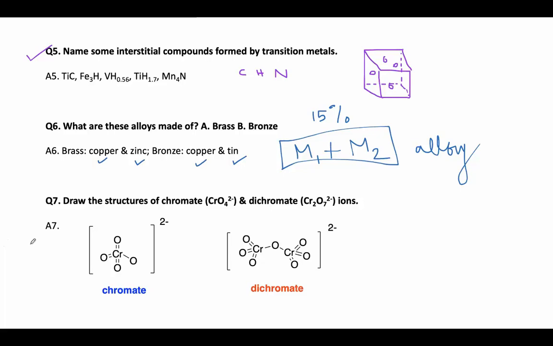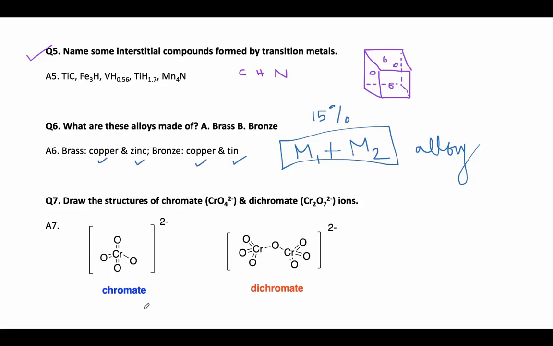Chromate is CrO4 2-, where chromium is attached to 4 oxygen atoms. Dichromate also has a butterfly kind of structure, where there is an oxide bridge between 2 chromium atoms. Both of these ions are di-negative.